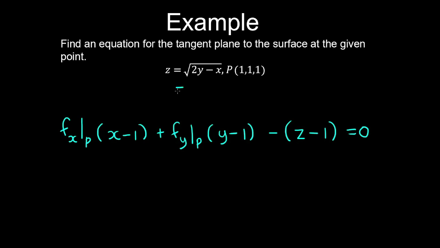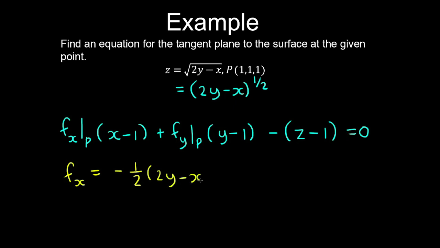So note that we can write z as (2y minus x) to the 1/2. So therefore the partial of f with respect to x is minus 1/2 times (2y minus x) to the negative 1/2. And the partial with respect to y is 2 times 1/2, which is 1, times (2y minus x) to the negative 1/2.